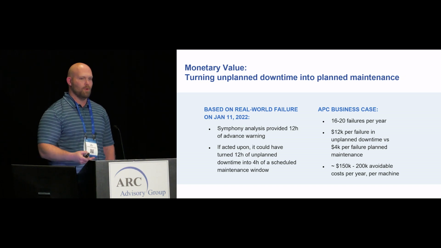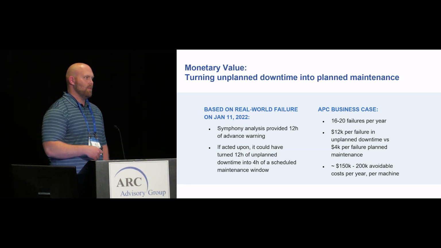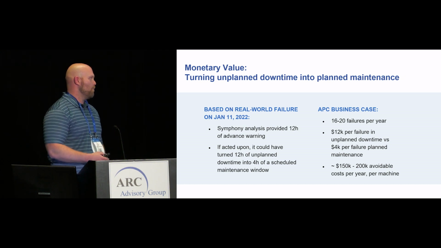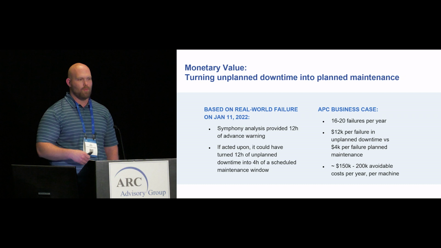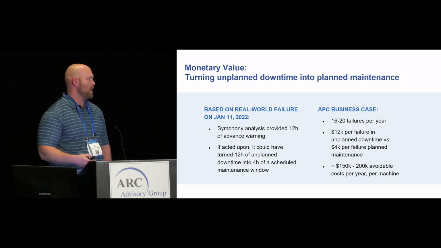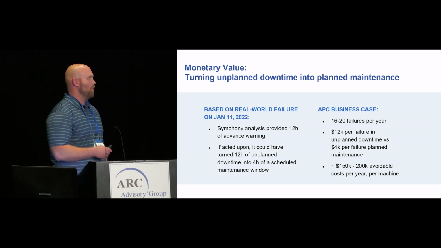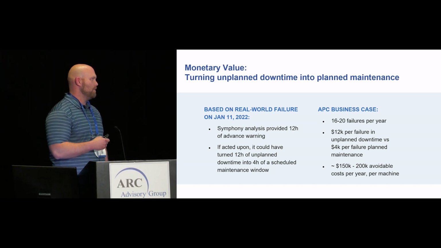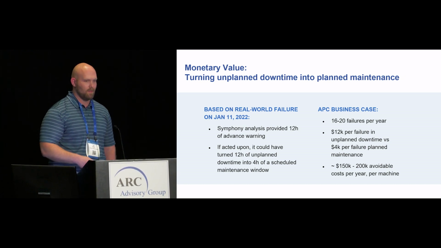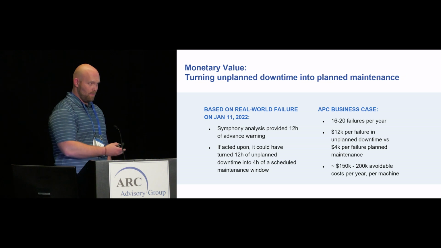Again, we look to continue to push that back further as we learn better what a bearing failure may look like. We could have saved that downtime if we had noticed the warning, had the alarm, and knew we had the bearing on site. So when you look at that, it's approximately 150 to 200K a year in savings. And that's just in these particular failures.